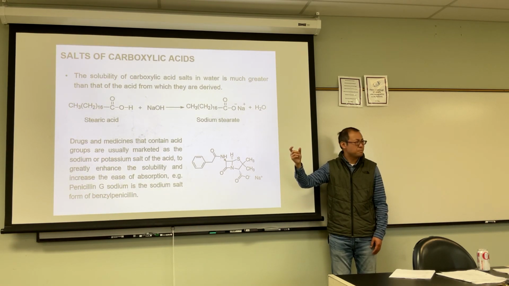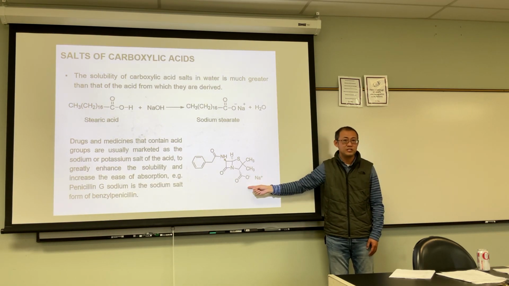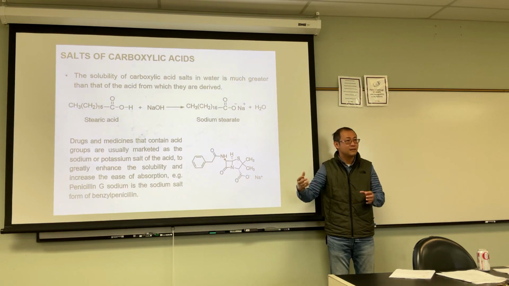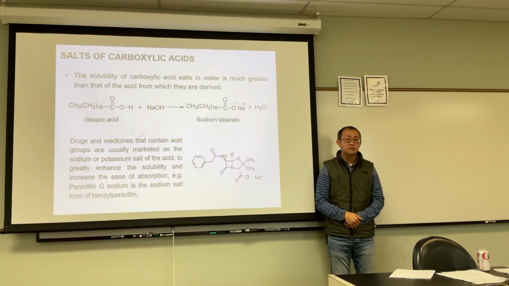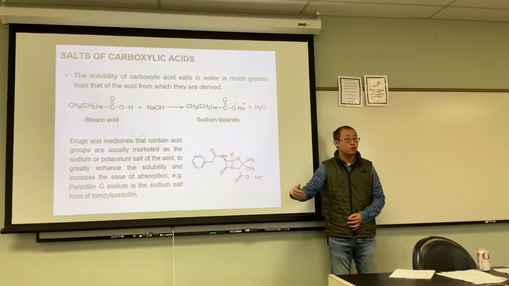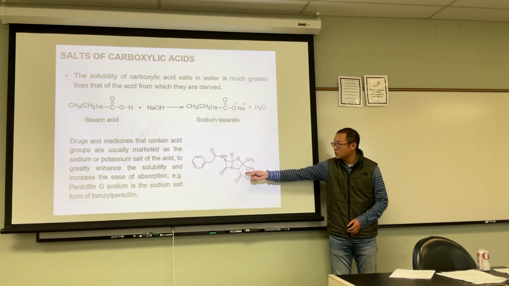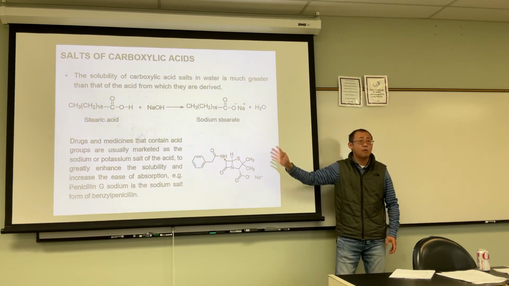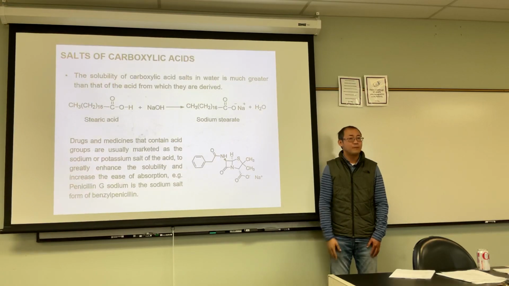Nowadays people make it in solution already. When I was little, you could actually see a bottle of penicillin G powder, and the nurse would mix it with saline. My mom was a nurse. They would shake it very well, then use it as an IV or muscle injection. Take a look how big the molecule is. It's not water soluble, but if you change it to a salt, penicillin will be water soluble.